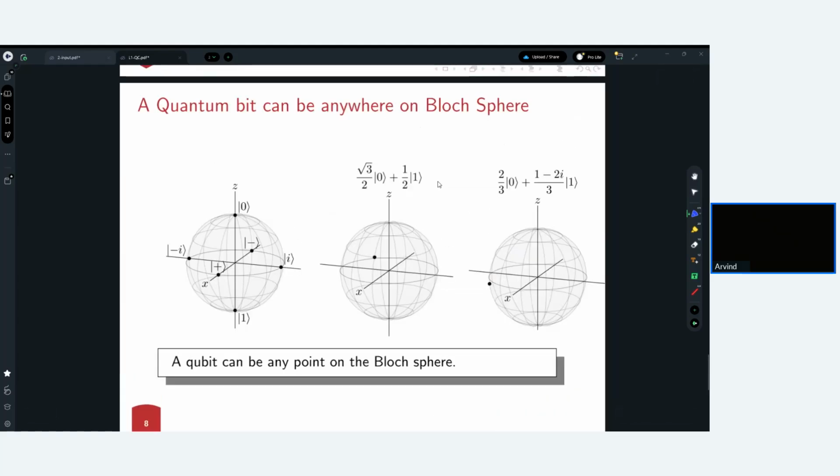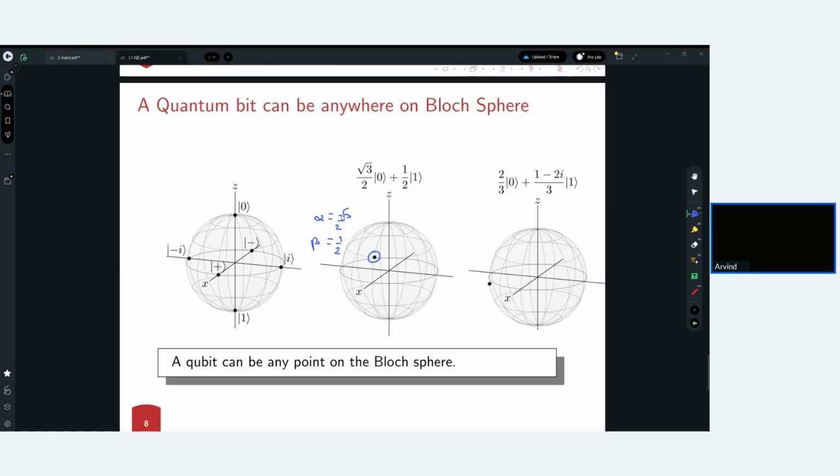It is not the case that a qubit always lies on the equator or the north and south pole. A qubit may lie anywhere on this Bloch sphere. For this example, this point is not lying on the x-axis, y-axis, or z-axis, or on the equator, but it is a valid state of a qubit. For this state, alpha is root 3 by 2 and beta is 1 by 2.